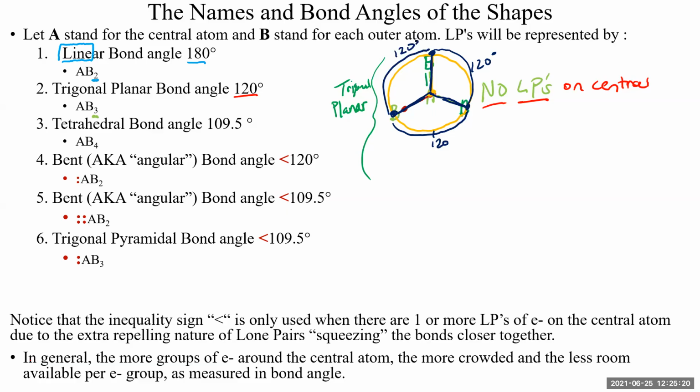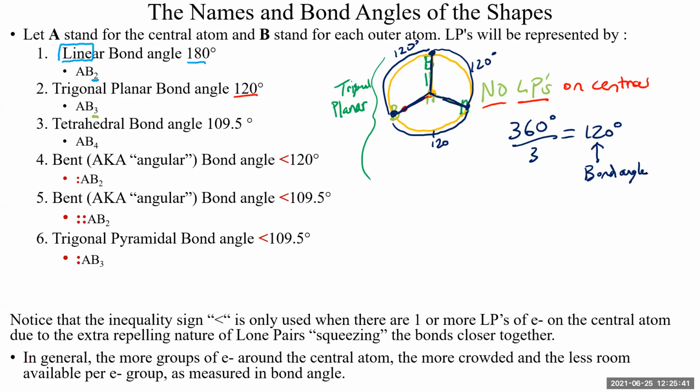Well, we know that a circle is 360 degrees. So if I divide up that circle into 3 slices, I get 120 degrees. That, not coincidentally, is our bond angle. The bond angle is the result of dividing up the space around the central atom into 3 even areas.